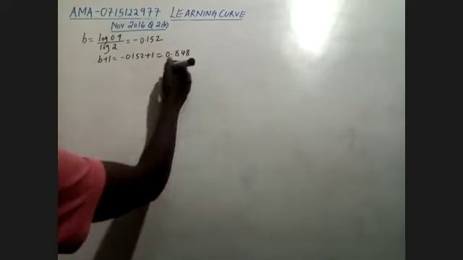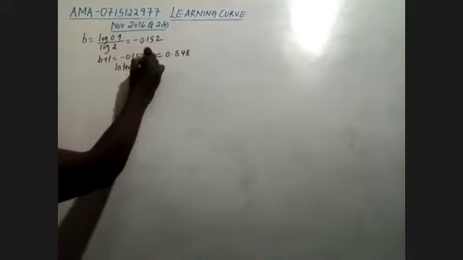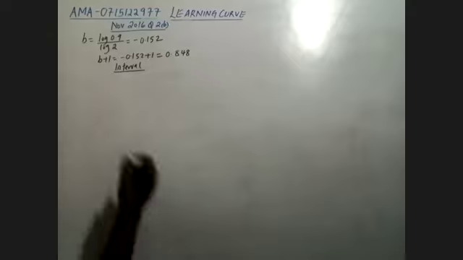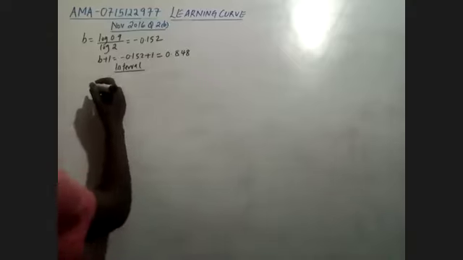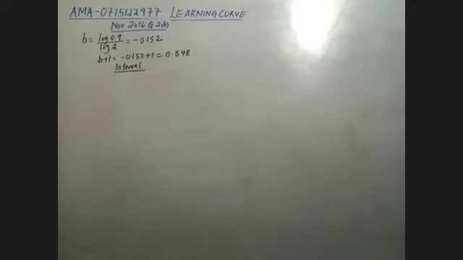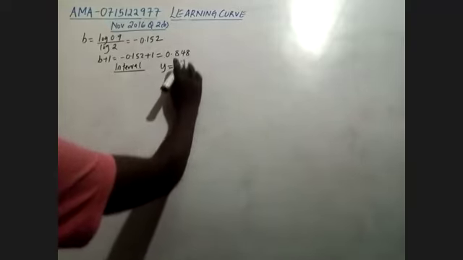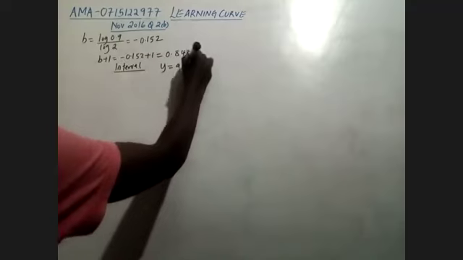0.848. Now this one, remember, is the case for the interval, according to how part A asks. So for the first 2 machines, how will it be? For the cost for the first 2 machines, how will we do that? Remember our equation, y equals a x to the power b plus 1.